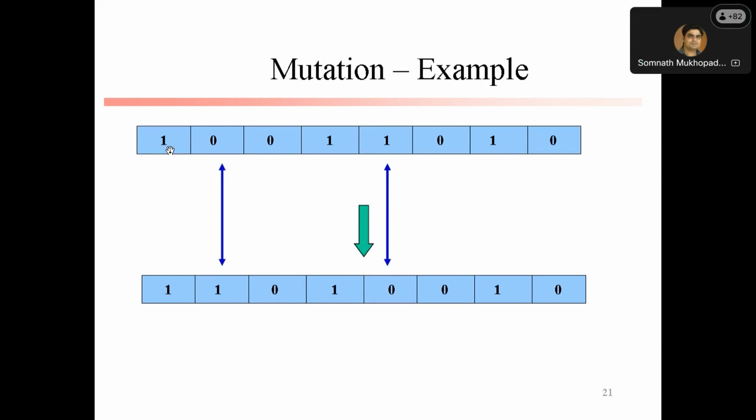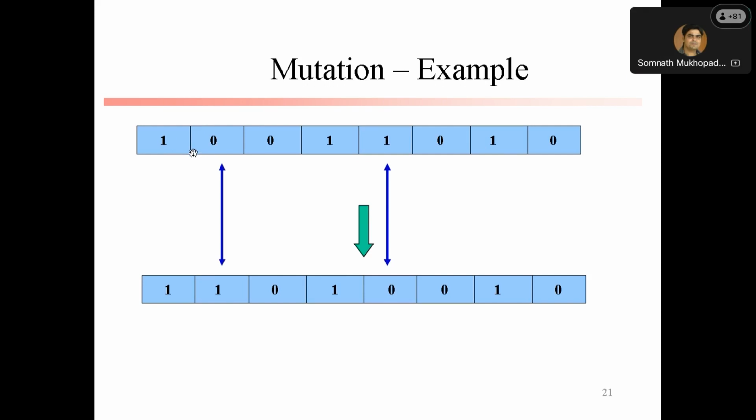So how does it happen? We generate some random number. Suppose the probability we consider for mutation operation is 10%.